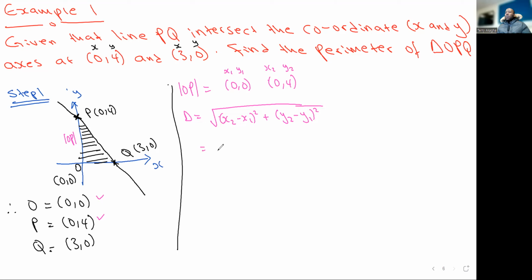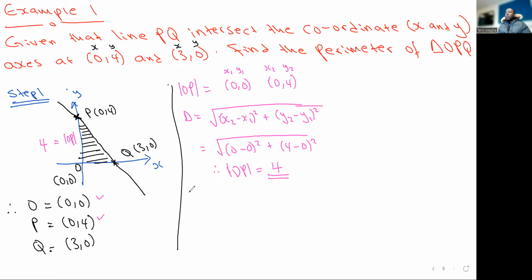That will give us the square root of 0 minus 0 squared, plus 4 minus 0 squared. And the distance for OP is going to be equal to 4.